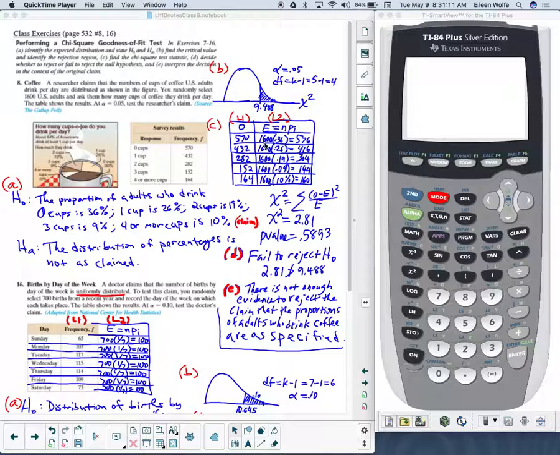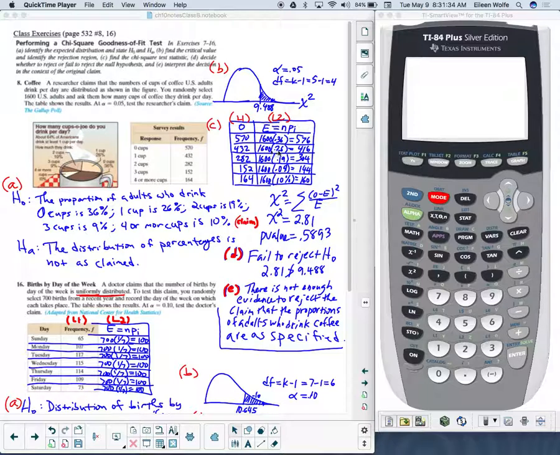Now, the observed counts from the survey of 1,600 adults are these numbers, 570, 432, etc. And what we have to do is get the expected counts. So if this model is correct in this pictogram, 36% of 1,600 is 576, would be the expected number of the 1,600 who drink no coffee.